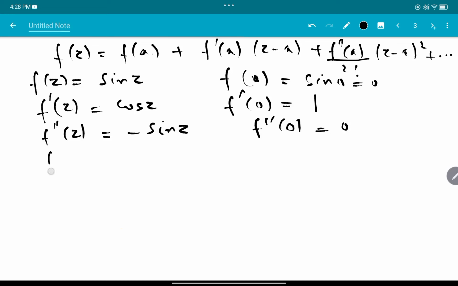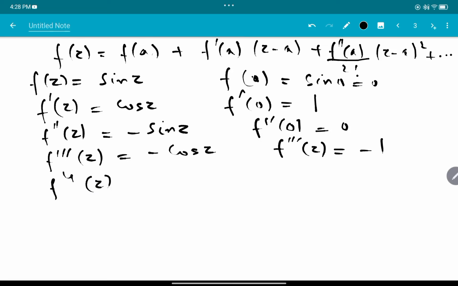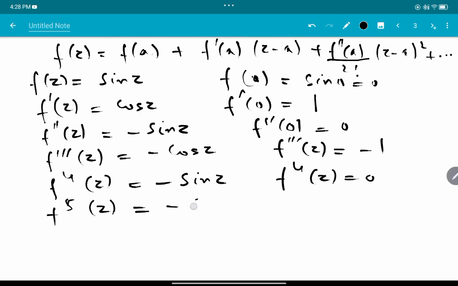Then f'''(z) is equal to minus cos z, so f'''(0) is minus 1. Similarly f4(z) is minus sin z, again 0 at zero, and f5(z) is equal to minus cos z, which at 0 will be minus 1.